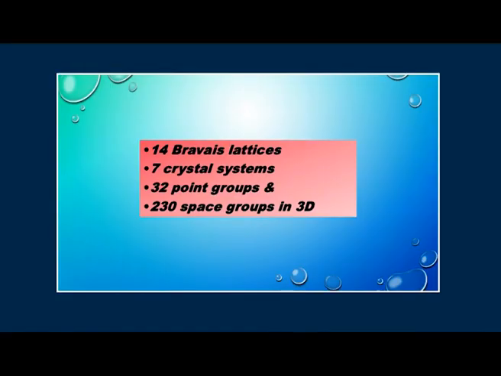Their different combinations result in the formation of 7 crystal systems. You already know about 7 crystal systems, right? These 7 crystal systems are made up by the different combinations of 32 point groups or crystal classes. And the 7 crystal systems include triclinic, monoclinic, orthorhombic, tetragonal, trigonal, hexagonal and cubic.